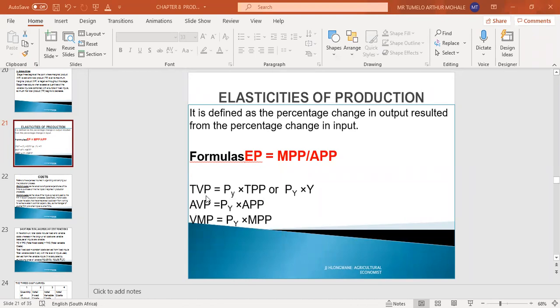So this is how you are going to derive this formula. All of them are products. So it's a total variable product, average variable product, and marginal variable product. It's the MVP or the VMP. So all of them have the word product in them. Do you agree?